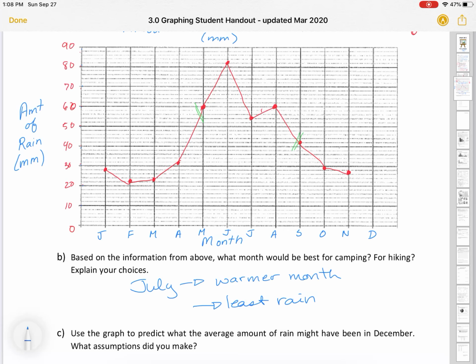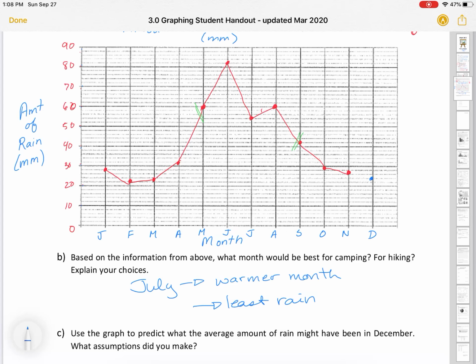Now, use the graph to predict what the average amount of rain might have been in December. What assumptions did you make? Well, looking at December's a cold month, right? If we look from September, October to November, the amount of rain is decreasing. It does go up a little bit in January, but we generally follow the trend of the months immediately before us.